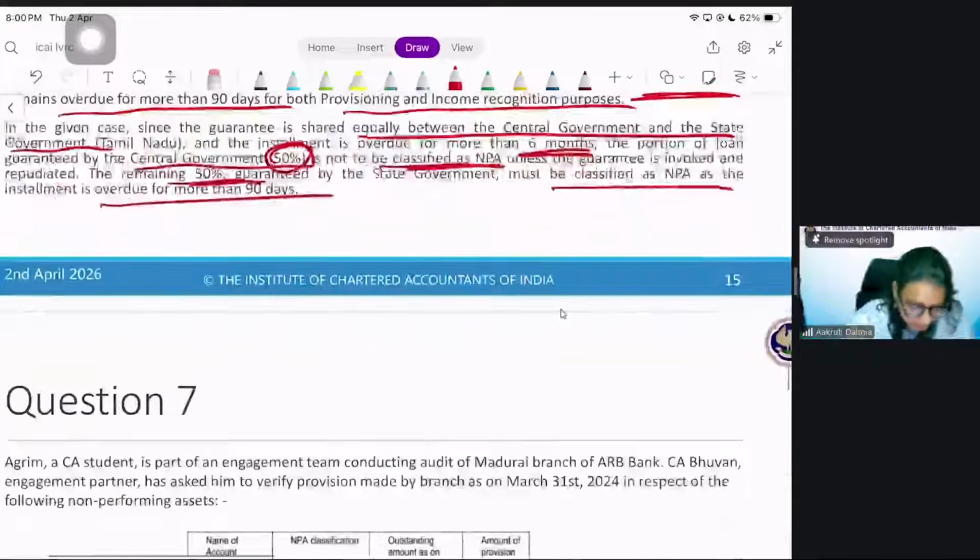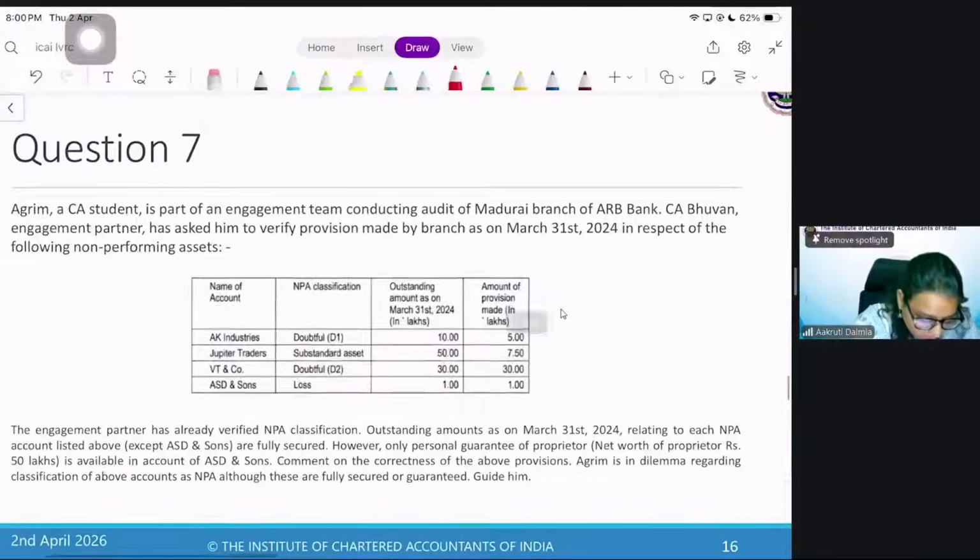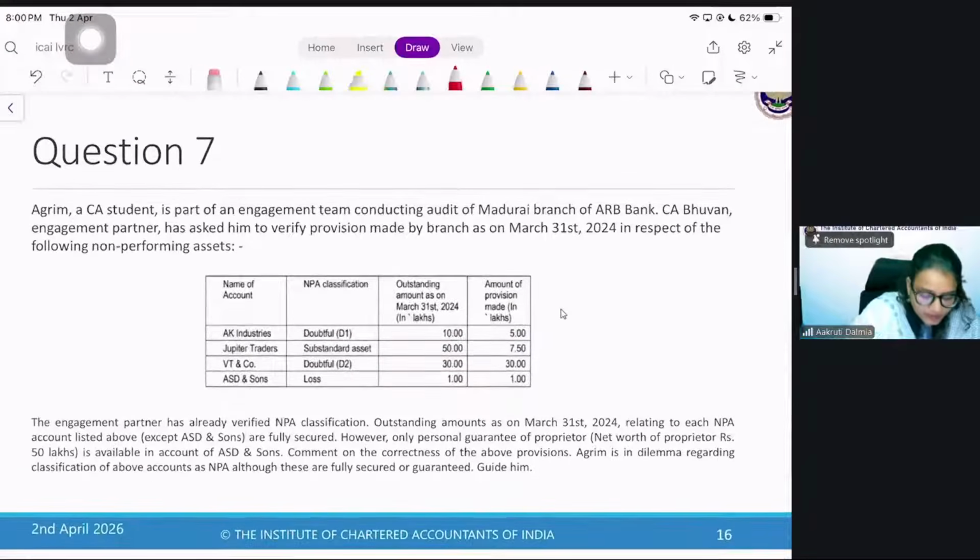Next. Next question, everyone pay attention. Agreem, a CA student, is part of an engagement team conducting audit of Madurai branch of ARB Bank.